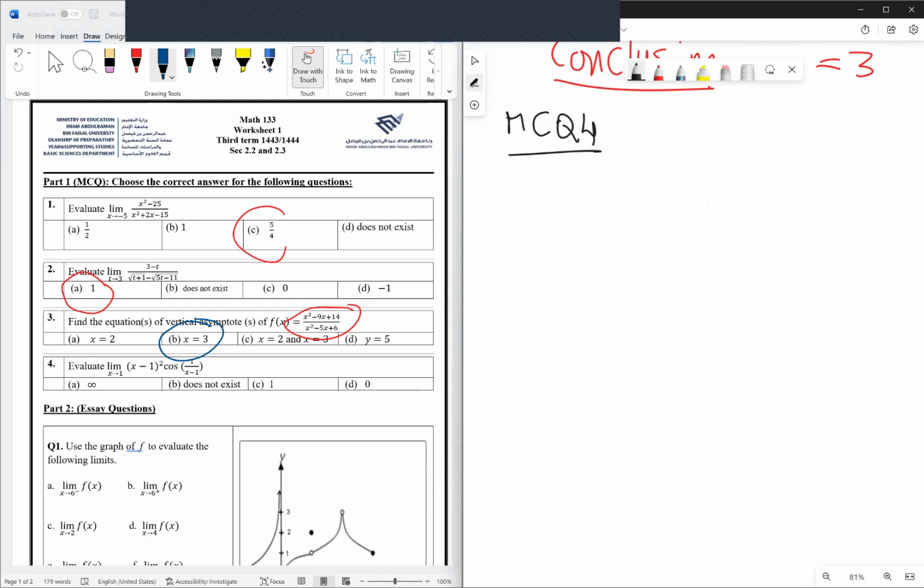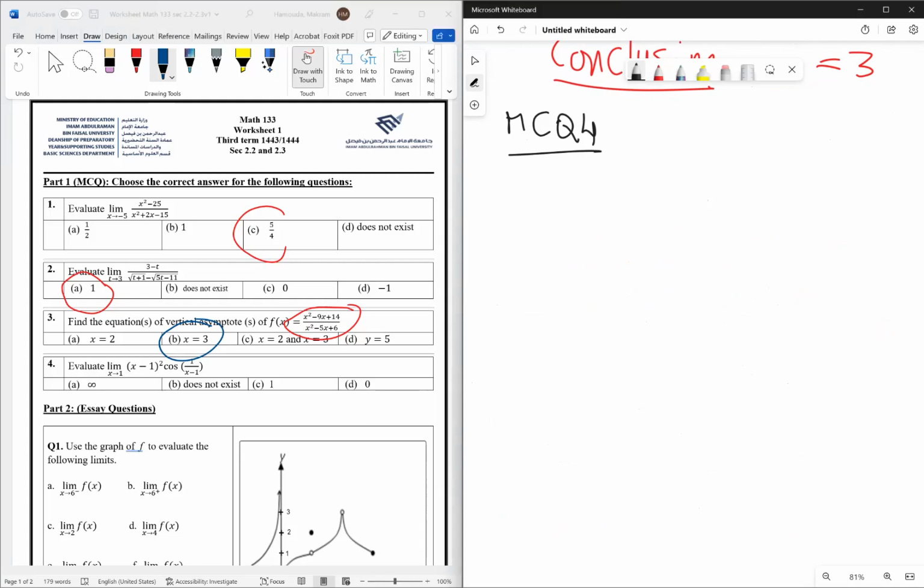We want to evaluate the limit of x minus 1 squared cosine. You remember this is an application of the squeeze theorem. So we have here the range of cosine, and it is minus 1 and 1.